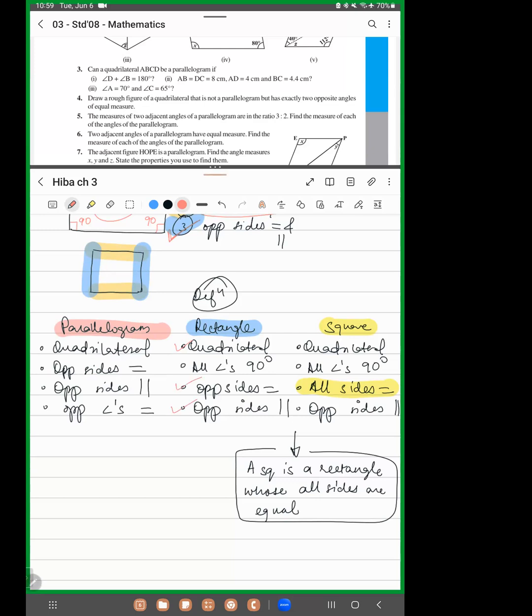In rectangle, parallelogram की एक और quality ये है कि उसके opposite angles are equal. And in rectangle also we can see that opposite angles are equal because all of them are 90. 90 is equal to 90, है ना? So can we say that a rectangle is a parallelogram?